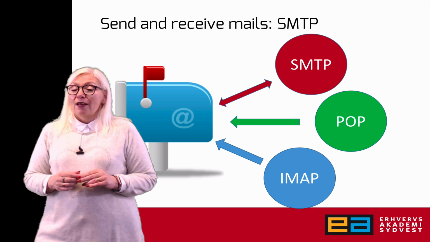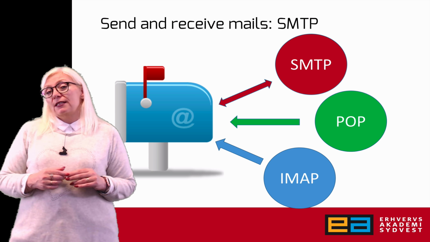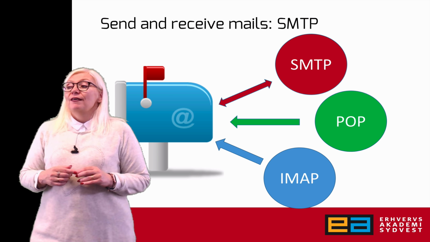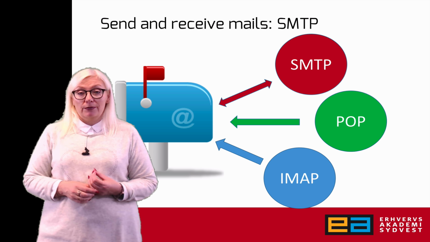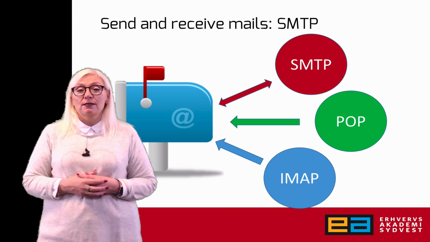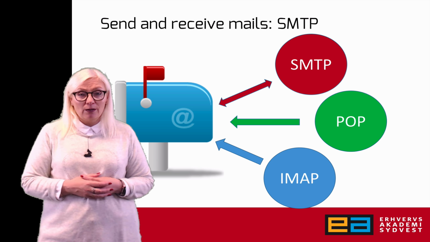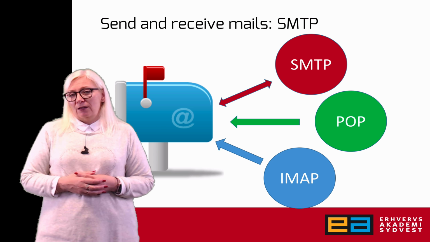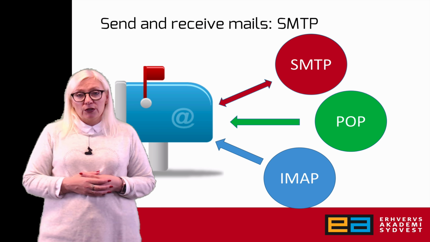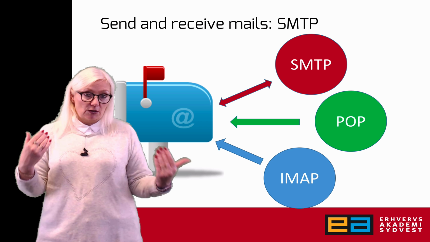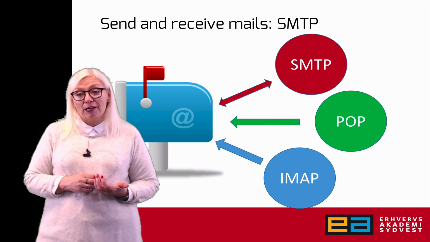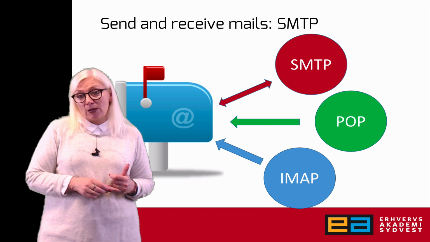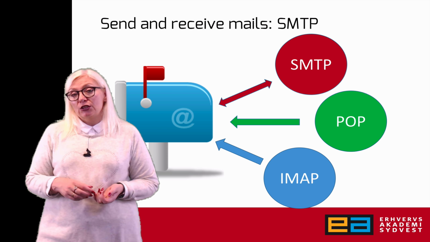name. Then we have a lot of protocols here also that will help us send and receive mails. We have the SMTP protocol, which transfers mails, simple mail transfer protocol. Many mail programs today also use SMTP to transfer mail to and from the mail server to your mail client. But otherwise, we have two other protocols that can do that for us.